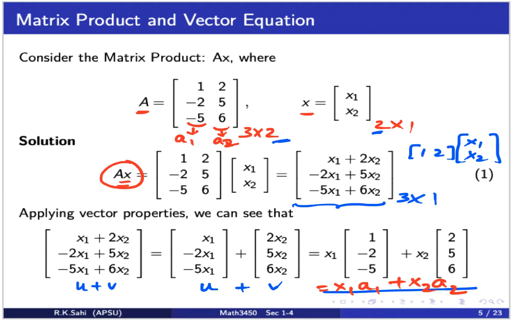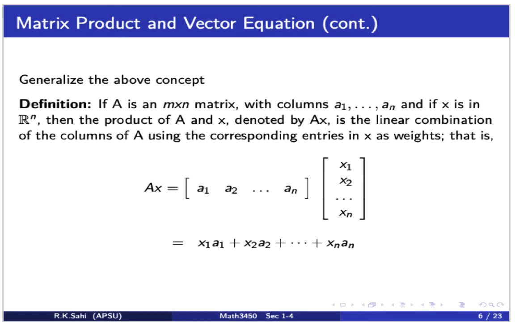So we can generalize the above concept. It was simply a 3 by 2 matrix multiplied to a vector X, which is of size 2 by 1. So let's generalize it. If we have A to be an m by n matrix with columns A1 to An, and if X is in Rn, then the product of A and X, denoted by Ax, is nothing but the linear combination of the columns of A using the corresponding entries in X as weights.